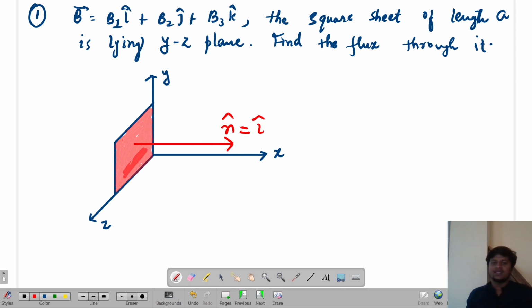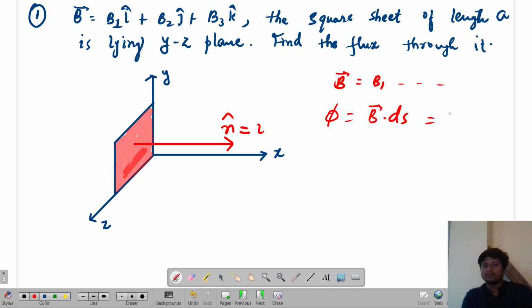If it is lying in the XZ plane, the normal will be parallel to the y-axis, yes or no? Are you able to get me or not? Now, the magnetic field is given as B1 I cap plus B2 J cap and so on. Flux will be B dot dS, yes or no? Or B dot S vector. Now look over here.